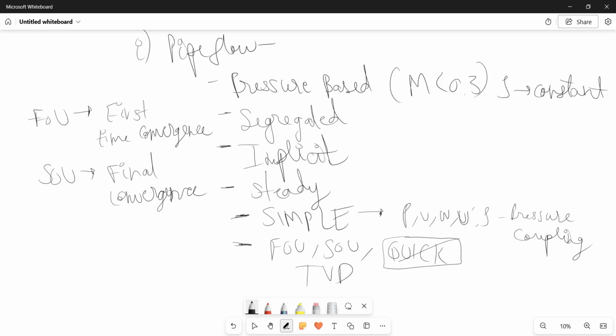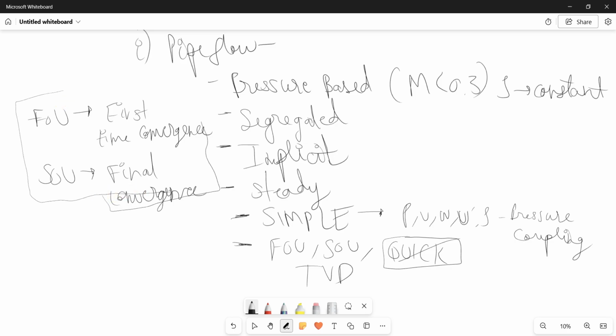Because the rate of divergence in SOU is usually a bit higher. So what you do is you first use FOU and try to converge it. Once you have reached that first-time convergence, then you use SOU, the second order upwind, to finally converge it, right? So this is just something that you need to remember.